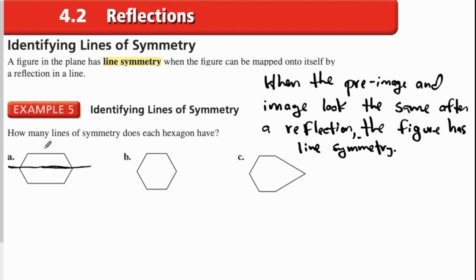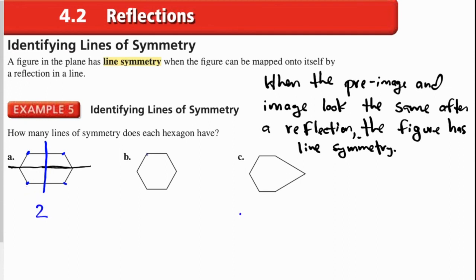And we see that this first figure has two different line symmetries. So if I map the left points to the right and vice versa, they land on top of each other. If I map the top points to the bottom and the bottom to the top, they land on top of each other. So we have two different types of line symmetry here.